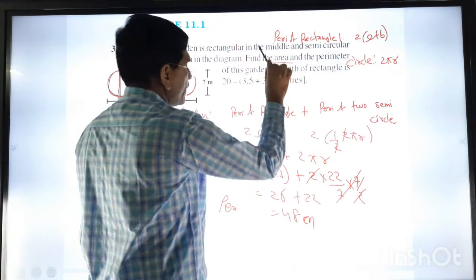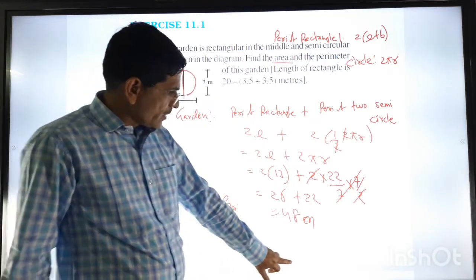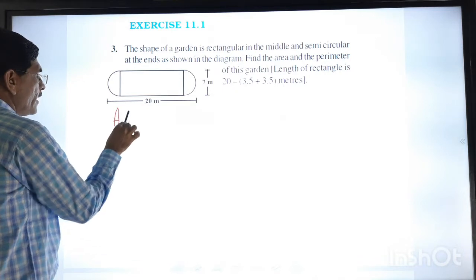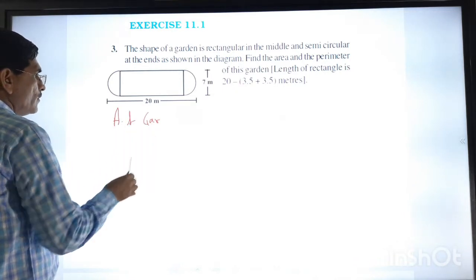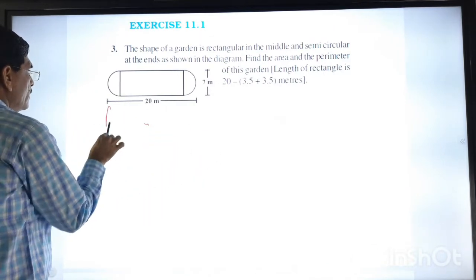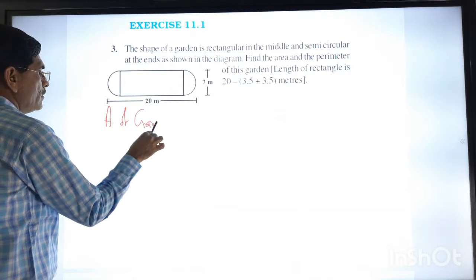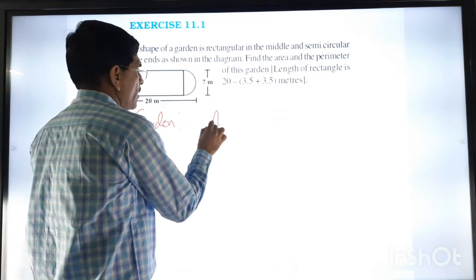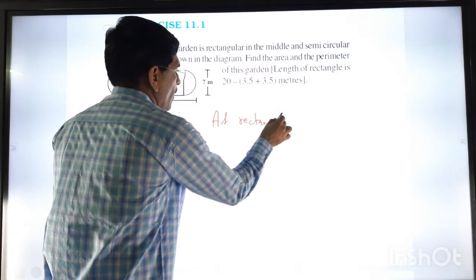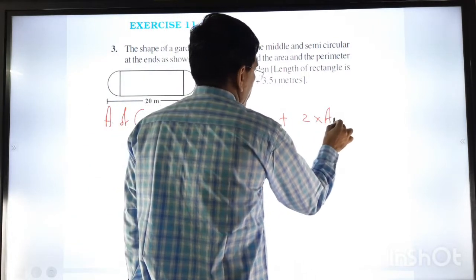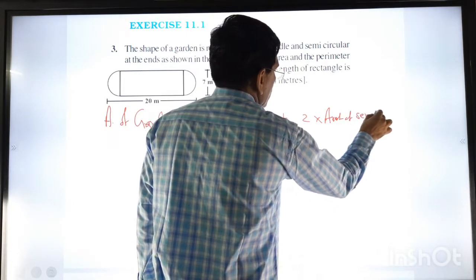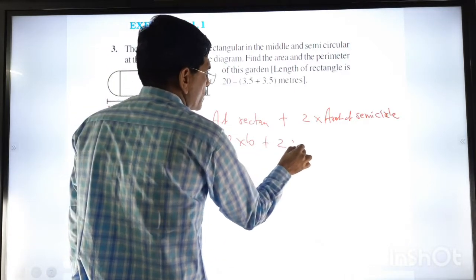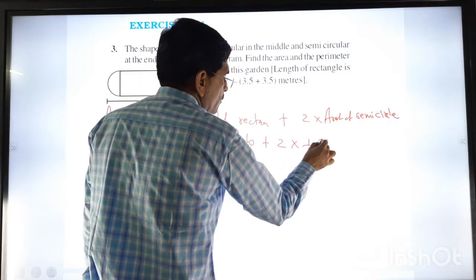Now we will see the area of the garden. Area of the garden is the area of the rectangle plus twice the area of the semicircle. So area of the garden is L into B, plus twice the area of a semicircle, 1 by 2 pi r square.